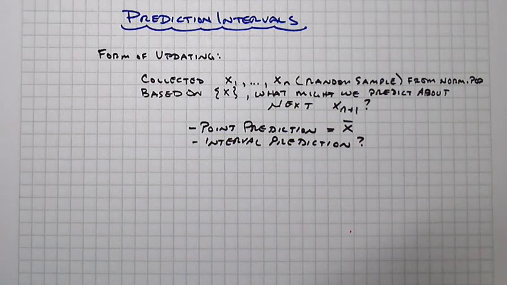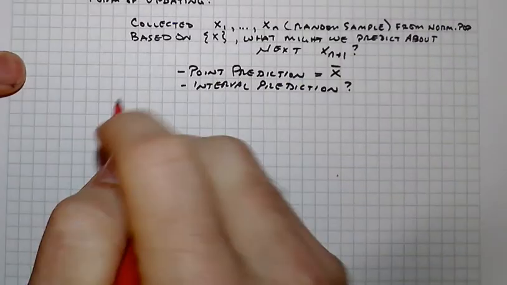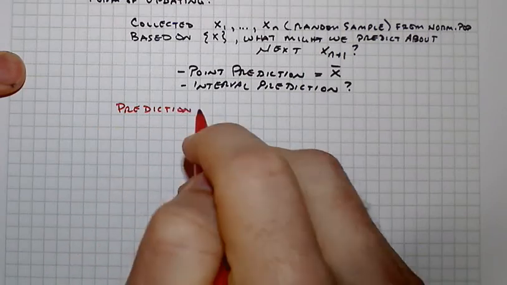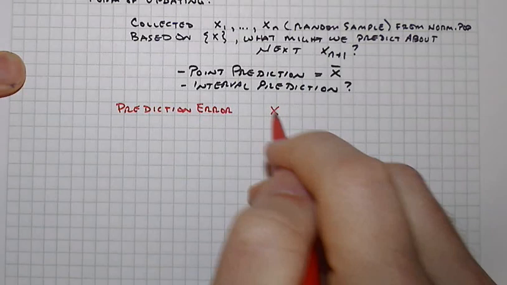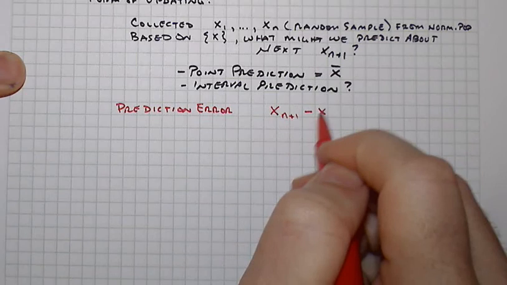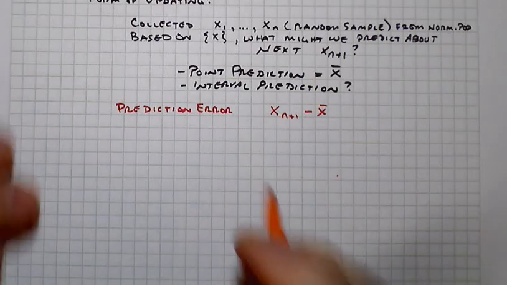Let's define then what we might call a prediction error. And that is the n plus first value minus the sample mean. And we ask a lot of the typical kinds of questions we've been asking as soon as we define something new.